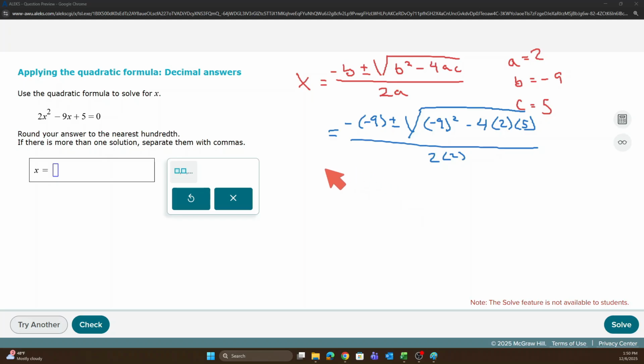Let's go ahead and simplify some of this. This is going to be 9, because the negatives cancel, plus or minus square root. 9 squared is 81, minus 4 times 2 is 8, times 5, that's 40, all over 4.